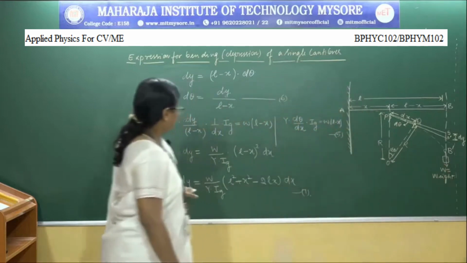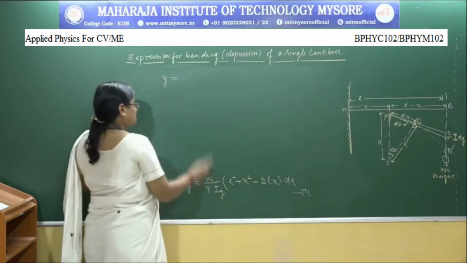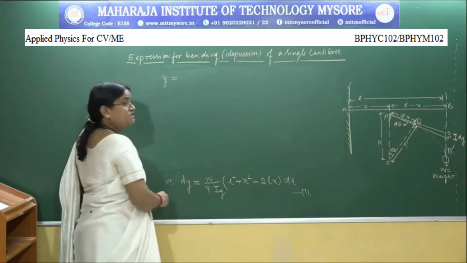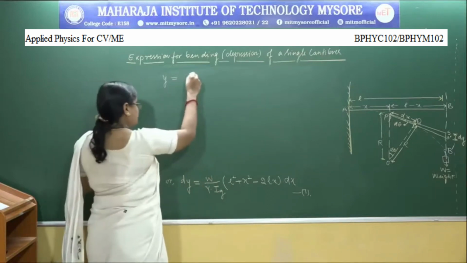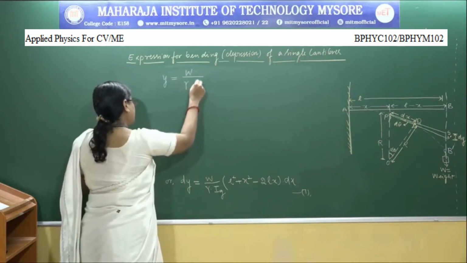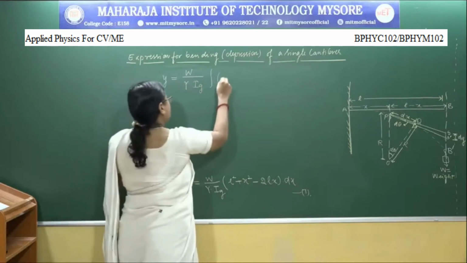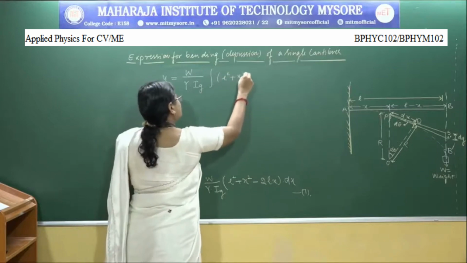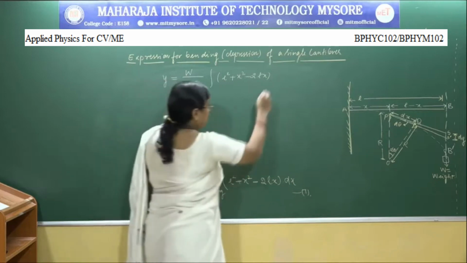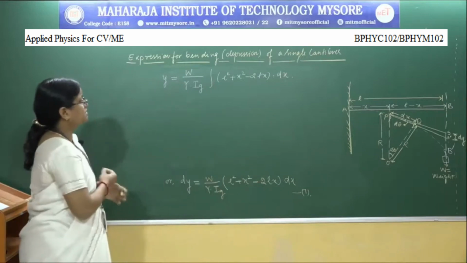So, if we integrate this equation, y will be equal to W by Y Ig, weight, Young's modulus and moment of inertia being constant. So, it will be as usual W by Y Ig, integration of L square plus x square minus 2lx into dx with respect to x.